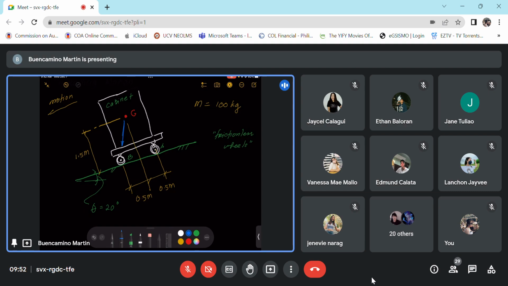So ito yung kanyang weight. Yung weight of the car is of course equal to M times G. Yan ang weight ng car.